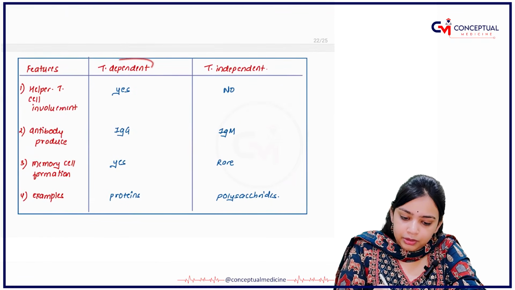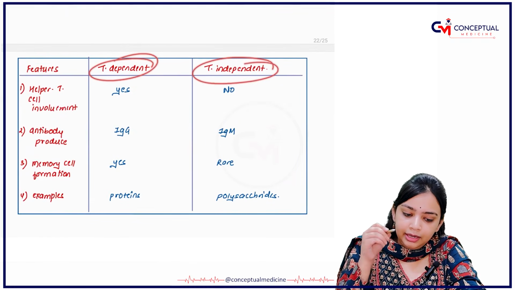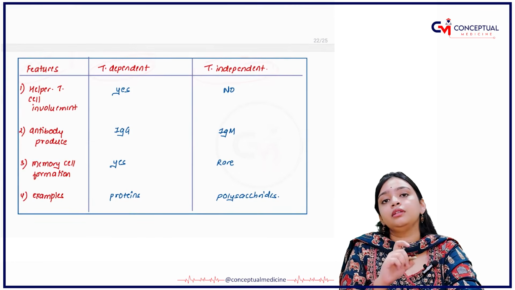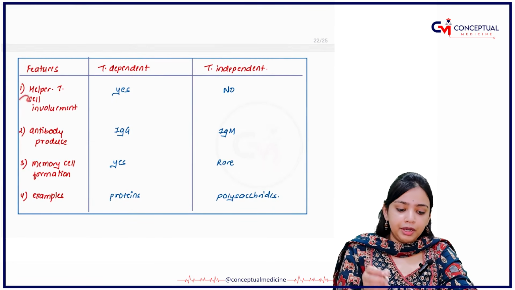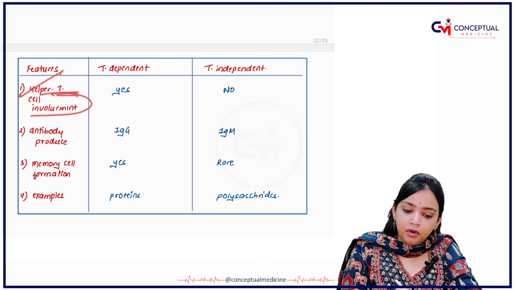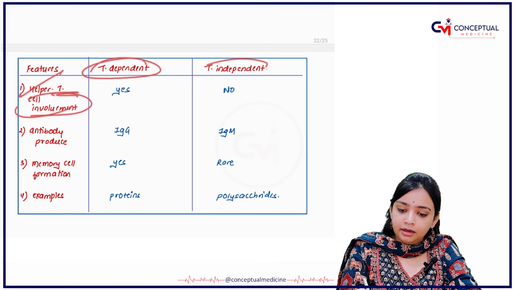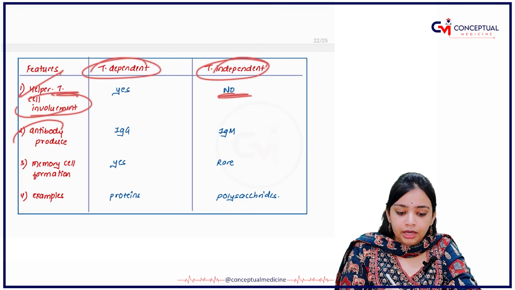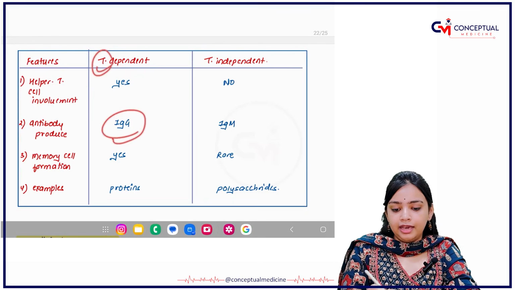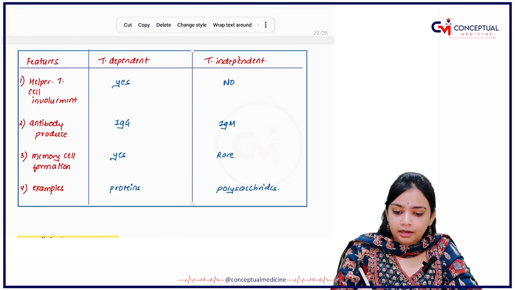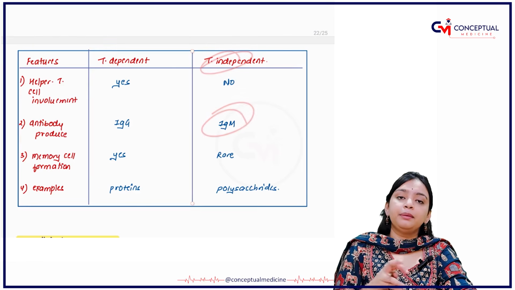Next, let's learn about T dependent and T independent. Okay, what are T dependent immunity and T cell independent immunity? The helper T cells are involved in T dependent. In T independent, they are not involved. The antibody produced in T dependent is IgG, and in T independent is IgM.